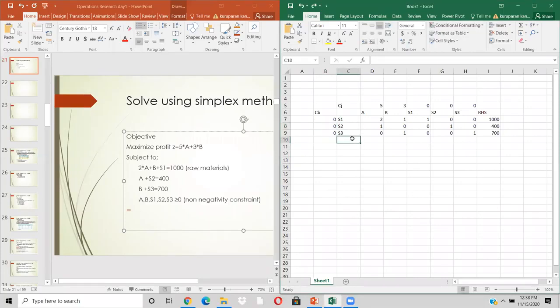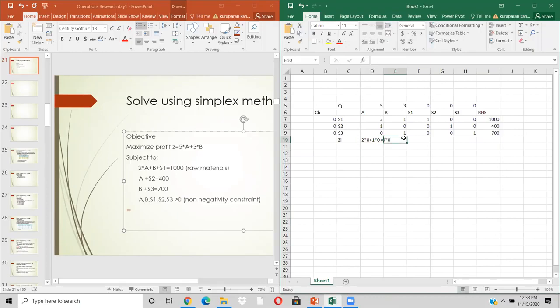Okay. Then here we will say Zj. How to calculate Zj? We'll see. For this one it is 2 into 0 plus 1 into 0 plus 0 into 0.